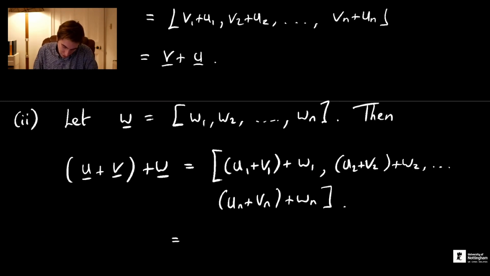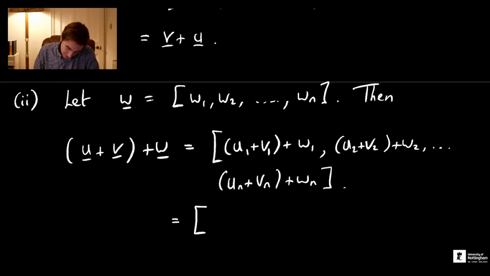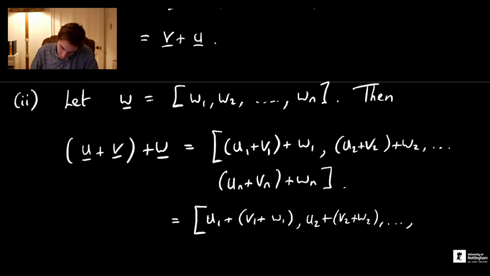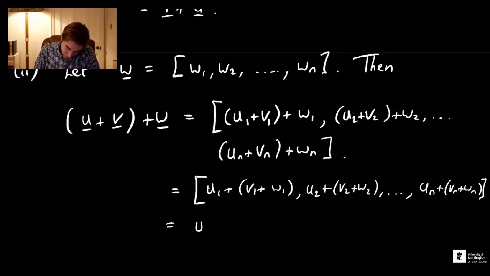So because of the properties of addition on the real numbers, where again, to reiterate, this addition is not the same as this addition, we can use the properties of addition in the real numbers to prove some properties about addition on vectors in Rn. And we can write that now simply as u plus v plus w, which is exactly what we wanted to prove.